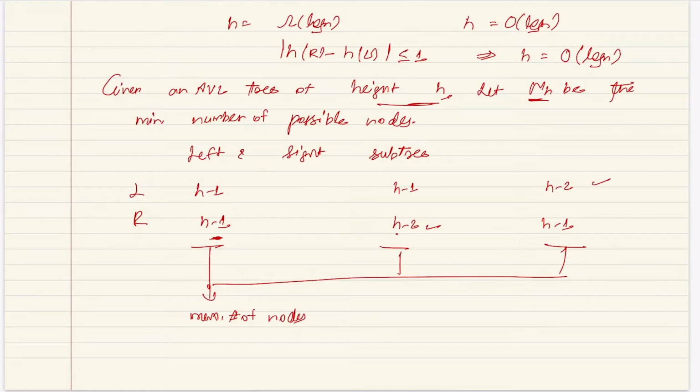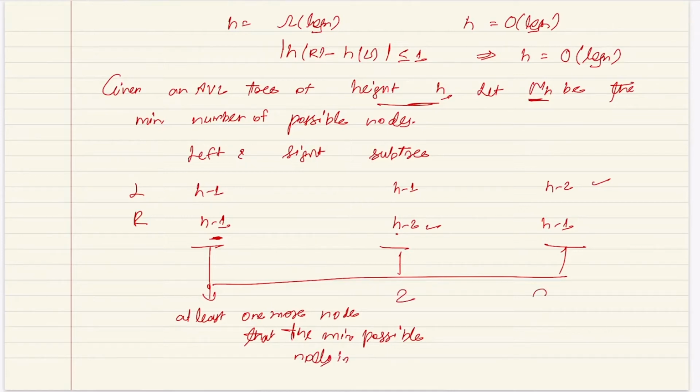Or you can say, suppose I want to put a bound in terms of the minimum number of possible nodes. So case 1 will always have at least one more node than the minimum possible nodes in case 2 or 3.